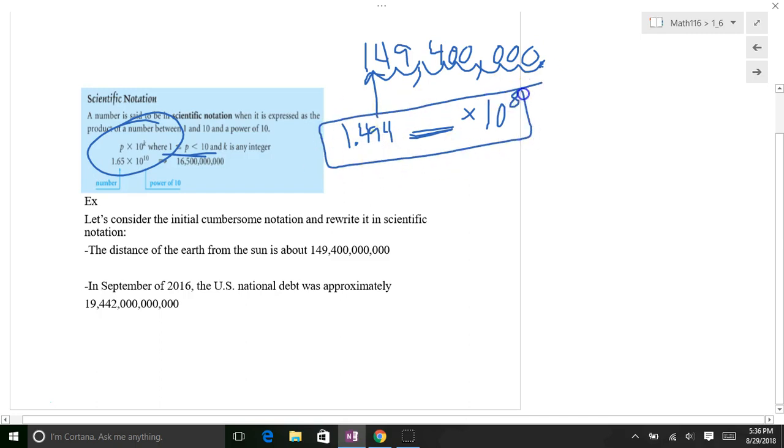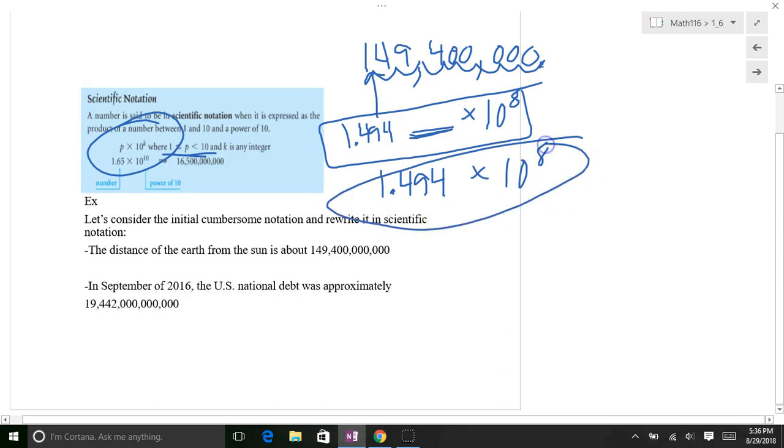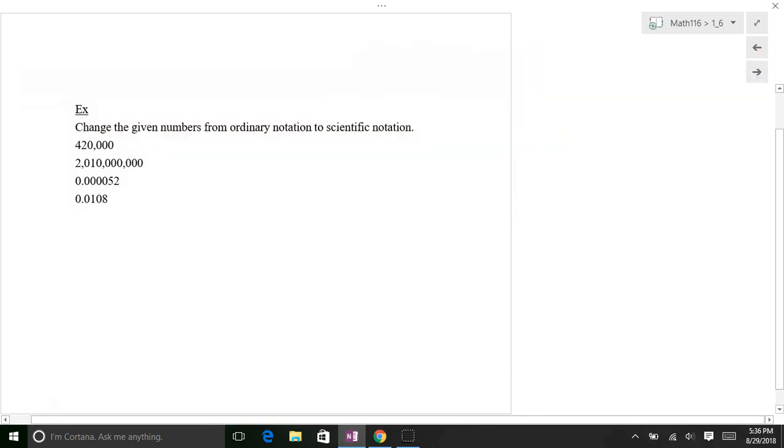In other words, 1.494 times 10 times 10 times 10 times 10 times 10 times 10 times 10 times 10, 8 of those 10s, is 149 billion, 400 million. So you've got to think about where you're going to put the decimal.